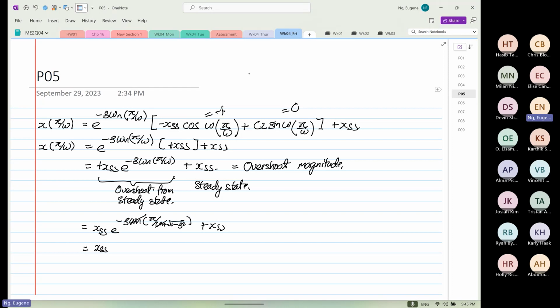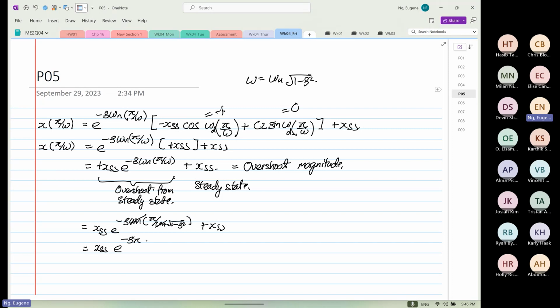Yes, omega over here is equal to omega_n square root of 1 minus zeta squared. Yes, all these are omega d. It's natural. There you go. I'm so happy when you can see the light.